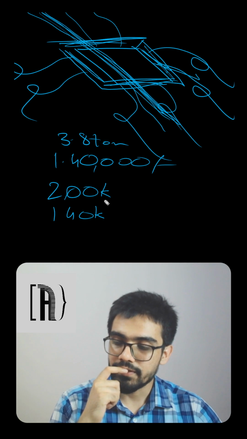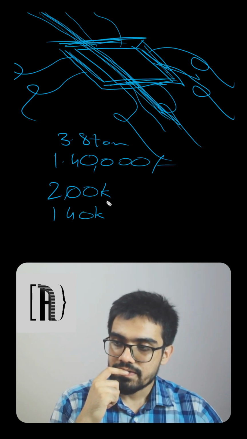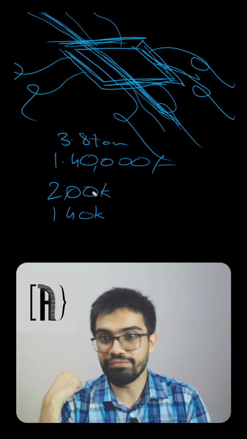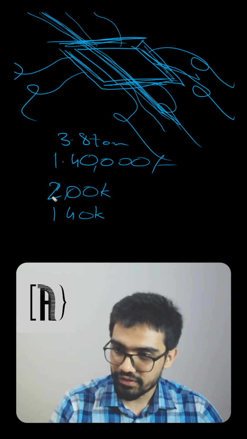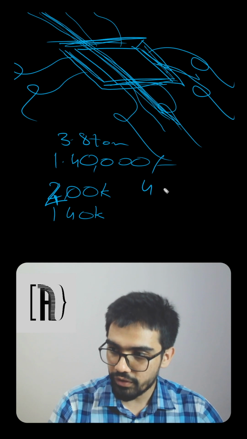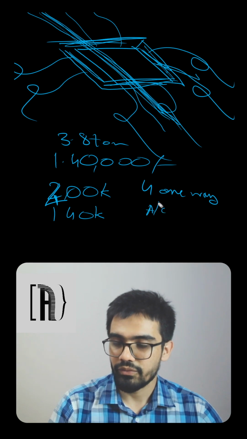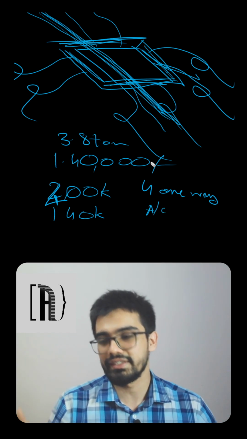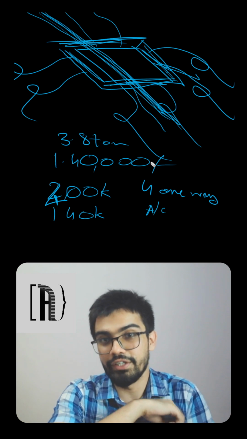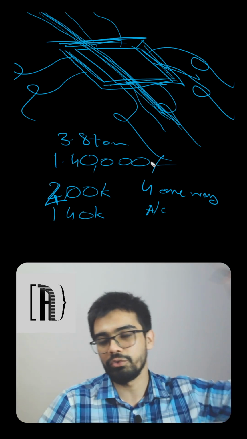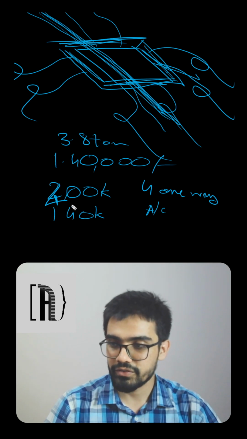Oh, I'm so sorry. Right, it would be 400,000 for four one-way ACs, right? One-way AC is costing 100,000, and we need four of them, two on the first floor, two on the second floor. So that is 400,000. Let me clear that.